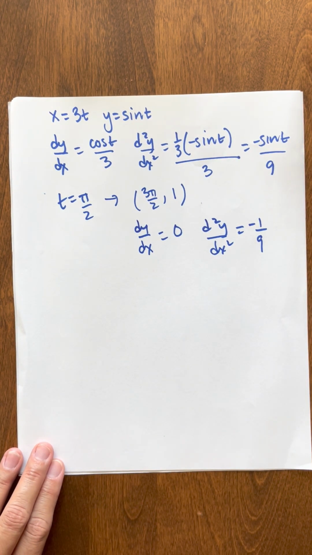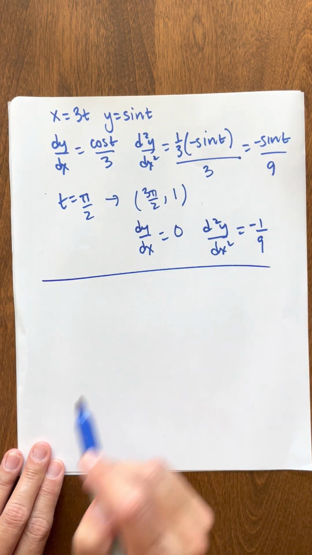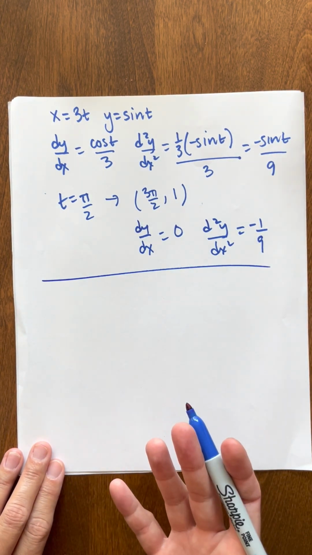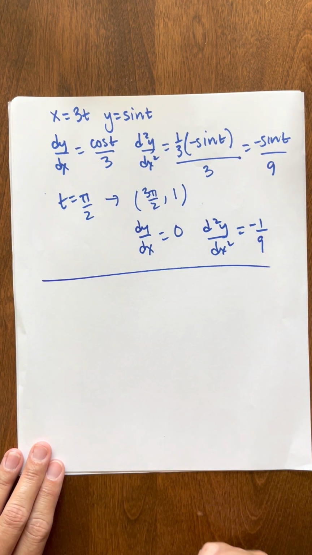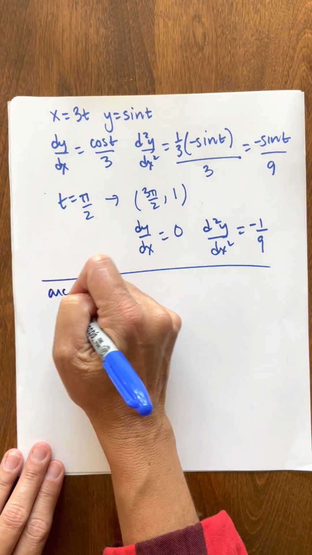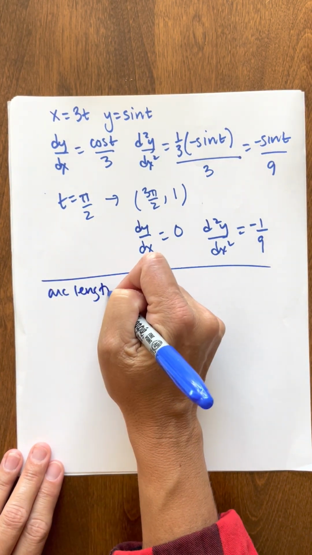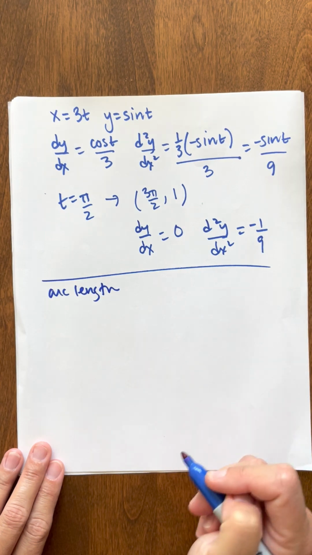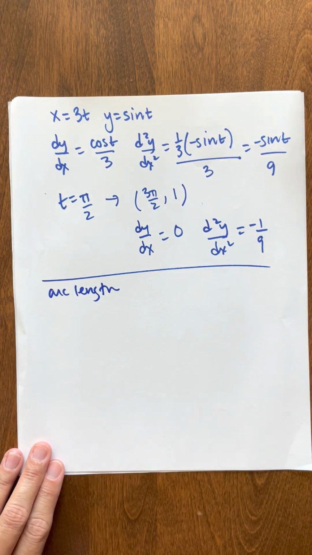All right, so we've worked with parametric equations. We understand the beauty of parametric equations. Let's go to arc length. I think I've said before, arc length is probably the thing that we're going to have the most equations for in this class.